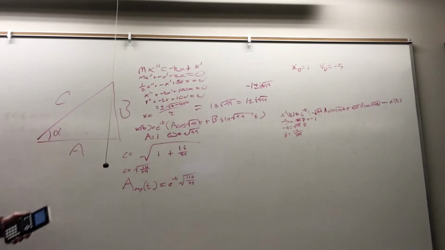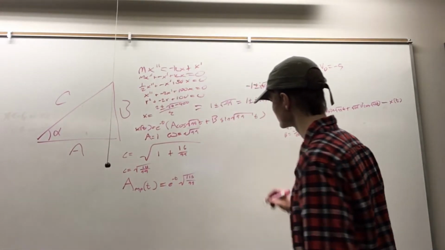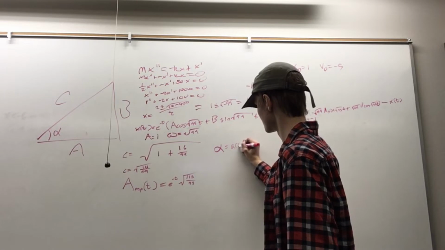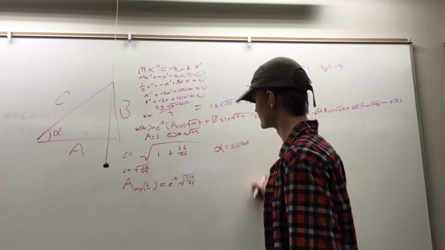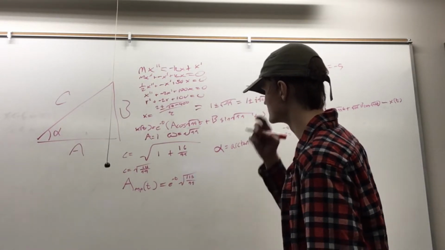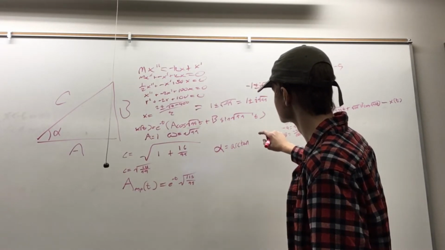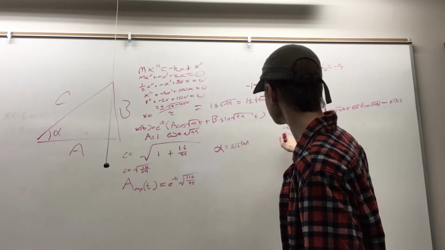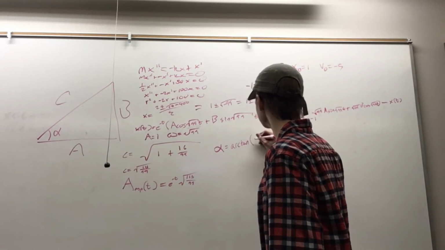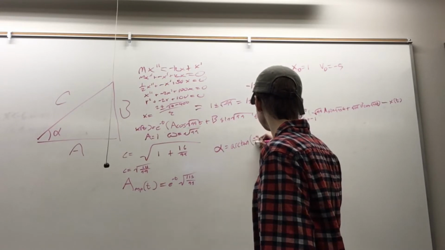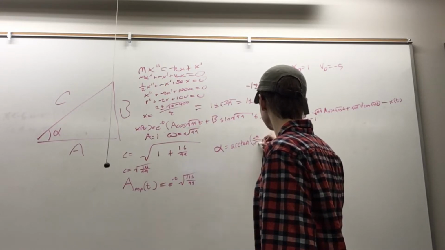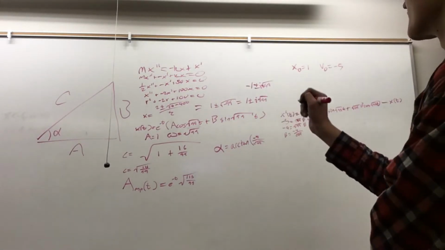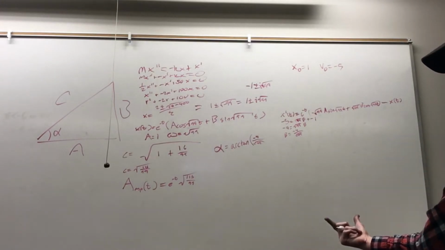We're going to use A and B again, so alpha equals arctangent of B, negative 4 over square root of 99, over A. And this is actually important to realize. So B is negative and A is positive, right?